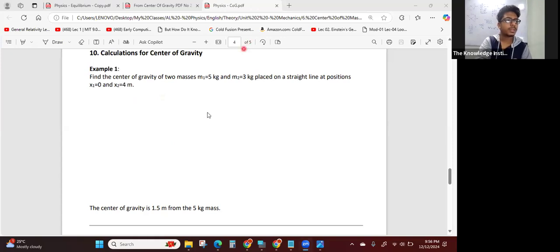Okay, let me check. Here, find the center of gravity of two masses. M1 equals 5 kilogram and M2 equals 3 kilogram on a straight line, at positions x1 equals 0 and x2 equals 4 meter.